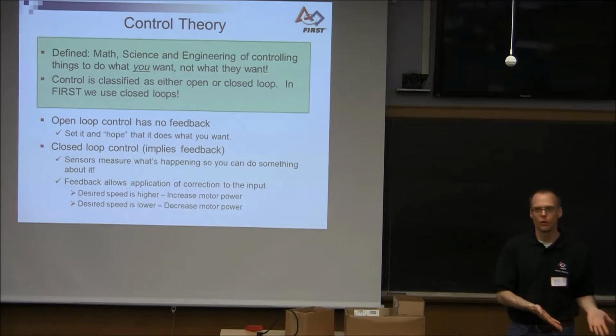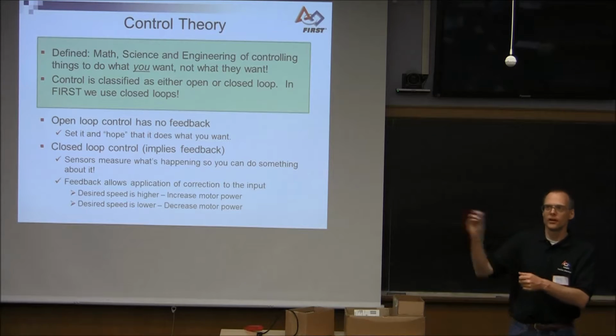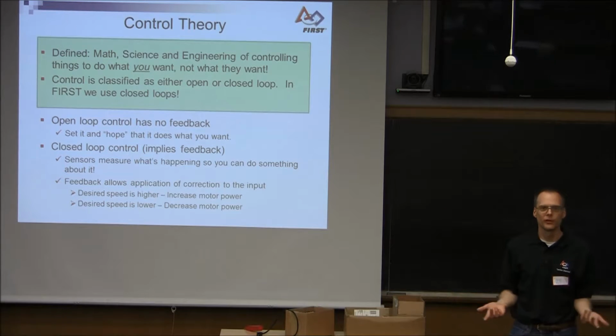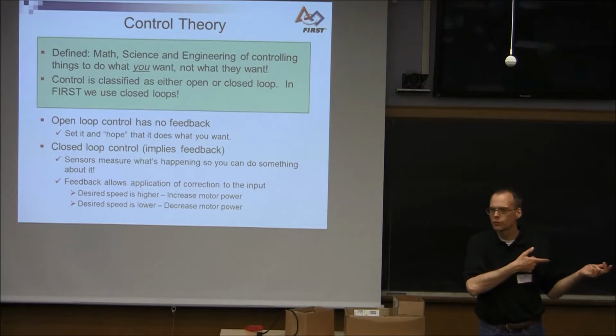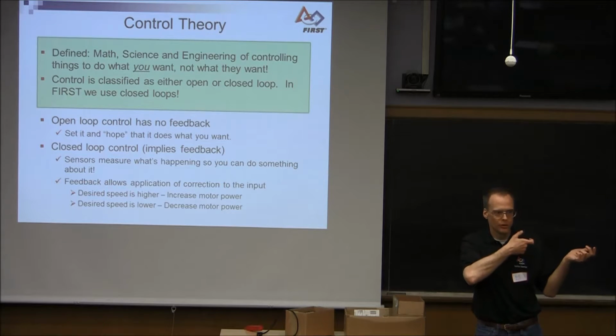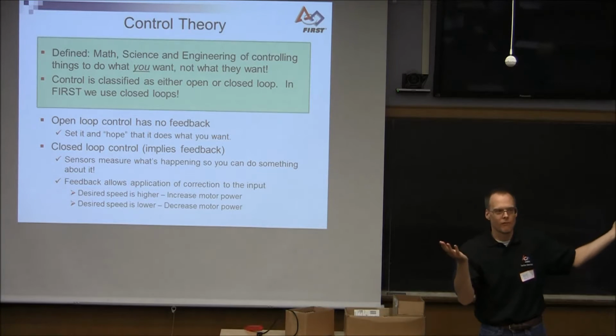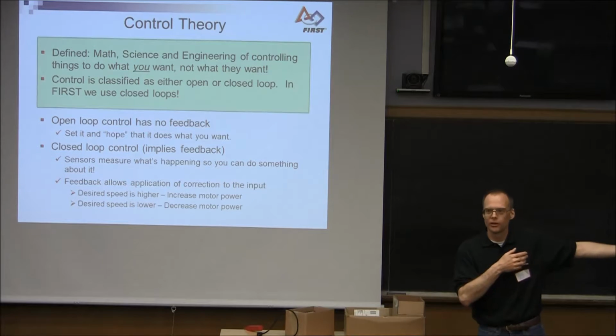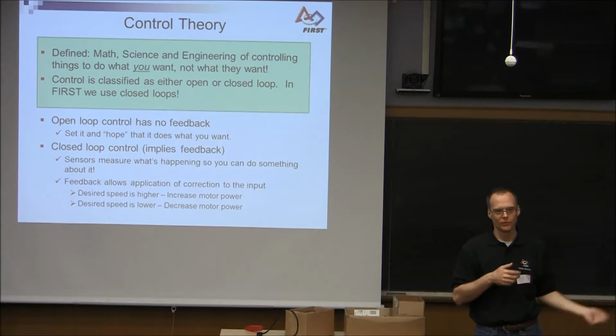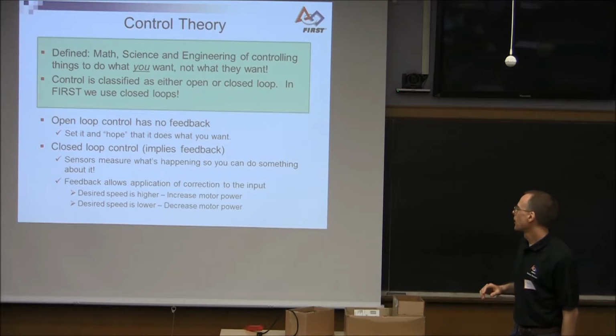What's an open loop? An open loop is you set it and you hope it gets there. Good example of that is when you go target shooting and you pull the trigger on the gun. Once the bullet leaves the gun, there's no control. You just hope it hits the target, right? There's no way to steer it after that.